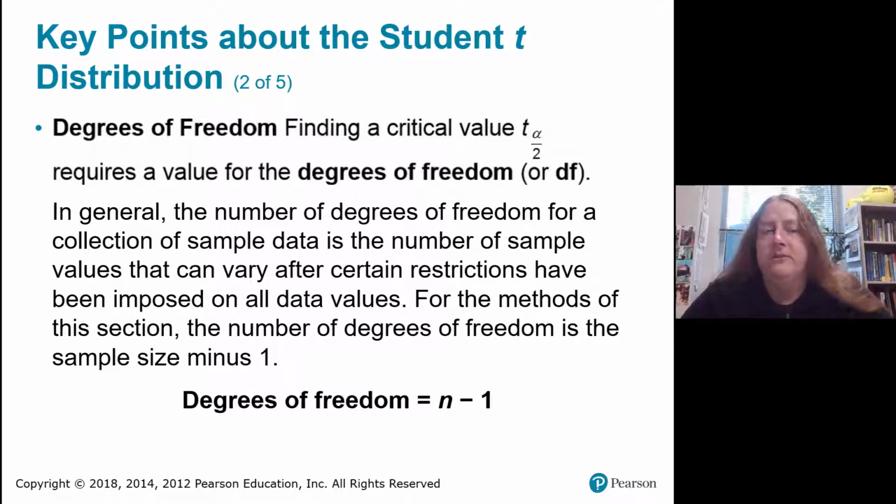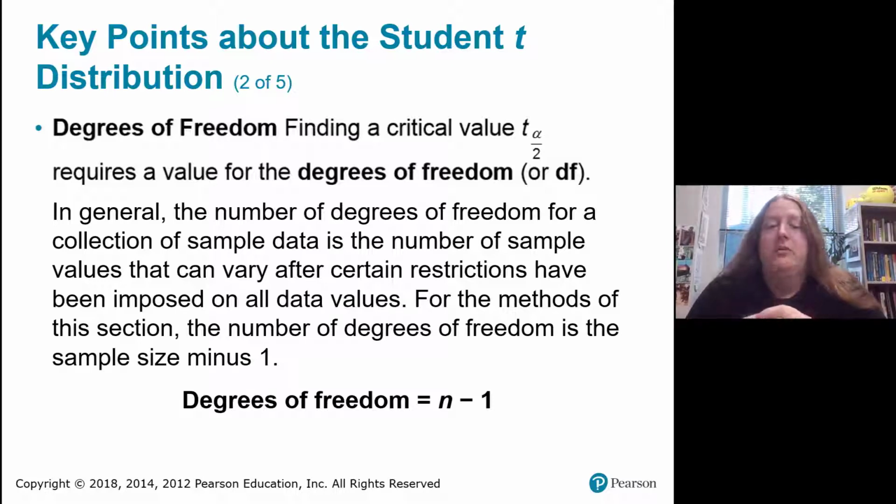So degrees of freedom. We need these to find our t sub alpha divided by 2 value. In general, for a collection of data, it's the number of sample values that can vary after certain restrictions have been put into place.